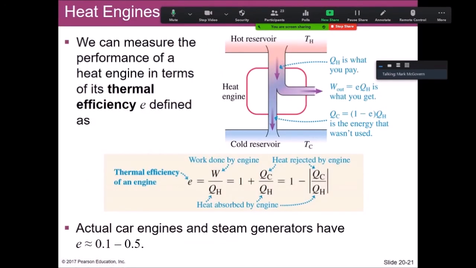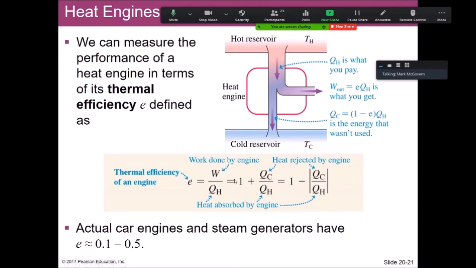So we can talk about the efficiency of this as how much energy we can extract from that hot reservoir, what percentage can be converted to work and what percentage is expelled as heat. Our definition here is this. The thermal efficiency of an engine is a ratio.